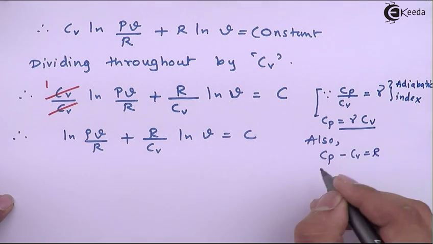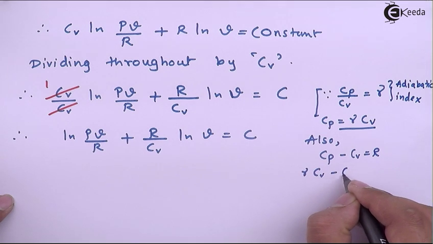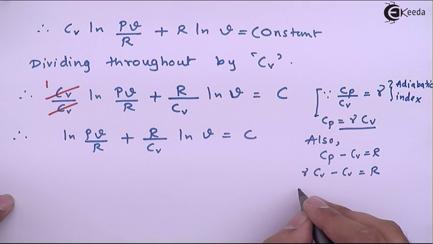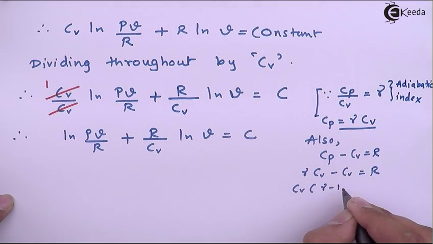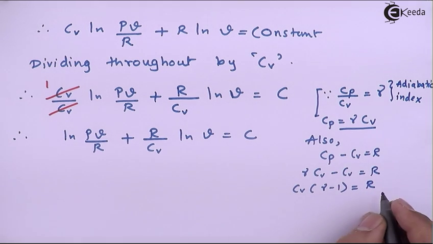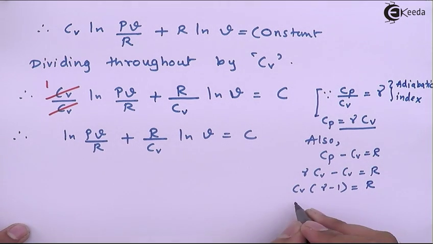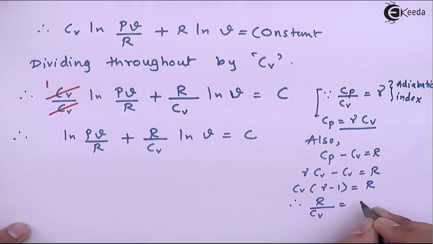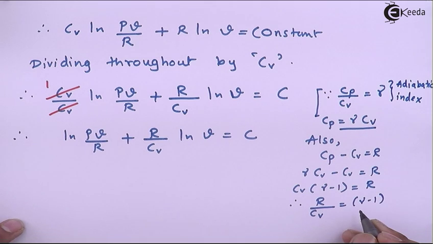So instead of Cp, I'll write gamma Cv minus Cv is equal to R. Cv I can take common, so here I have gamma minus 1 is equal to R. So therefore R upon Cv, I'll send it onto the other side, is equal to gamma minus 1. This is one relation which I am getting here.